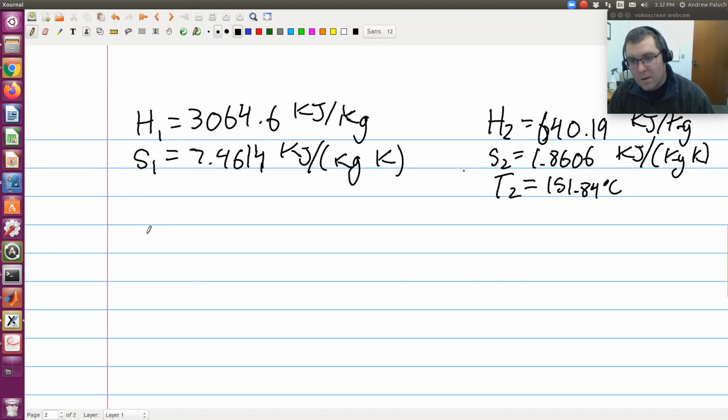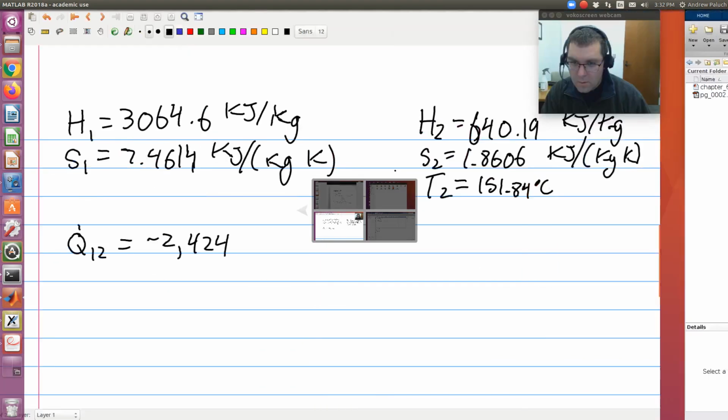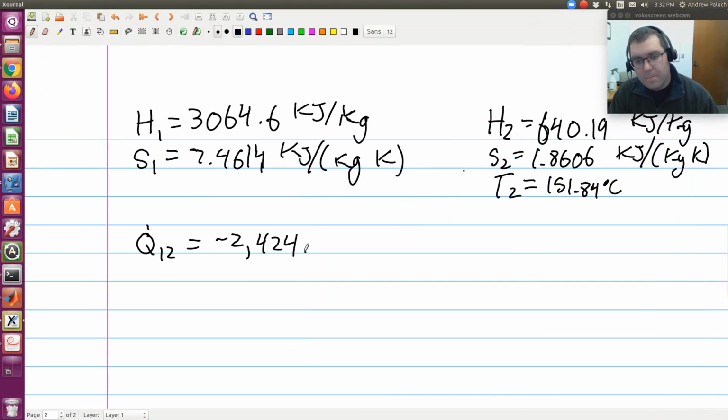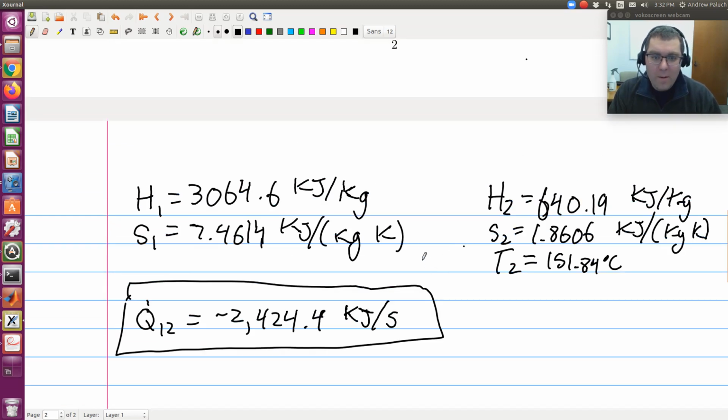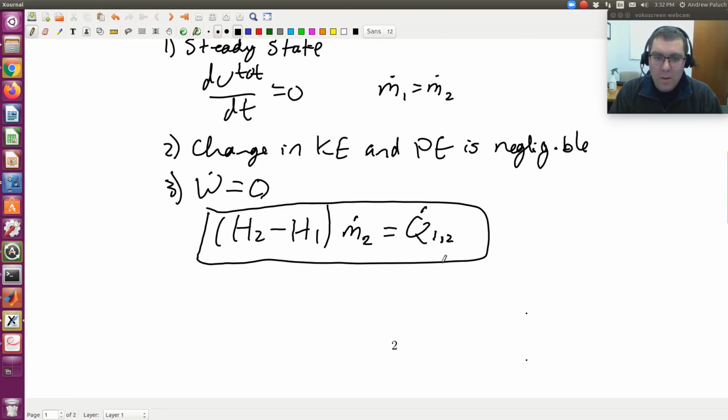So Q dot 12 is equal to negative 2,424.4, and that's kilojoules per second. I think a kilojoule per second should be a kilowatt, right? But we'll just leave it as kilojoules per second.